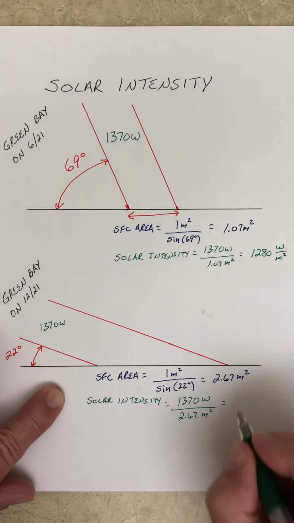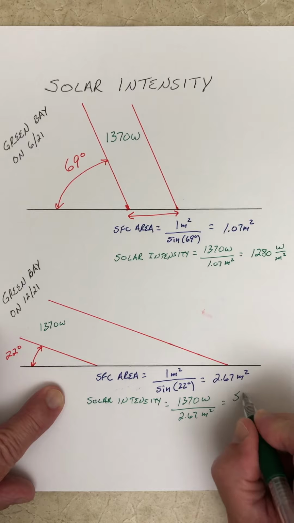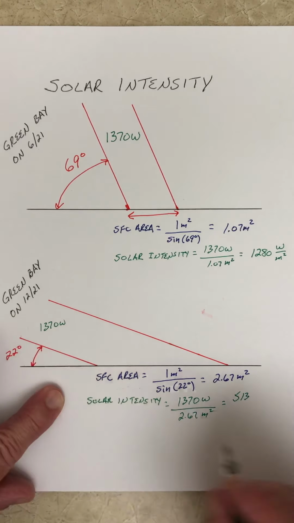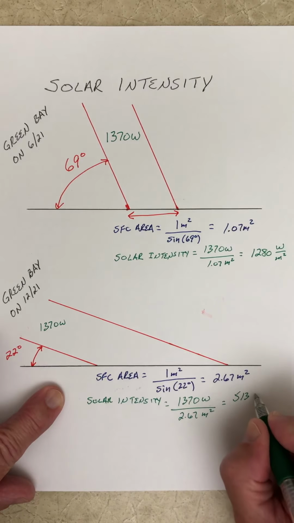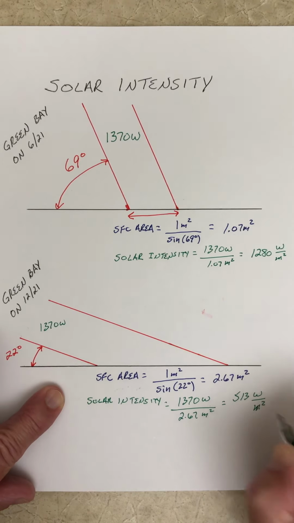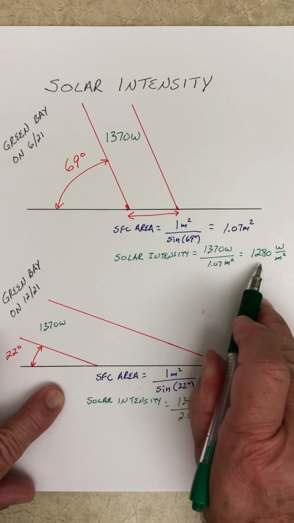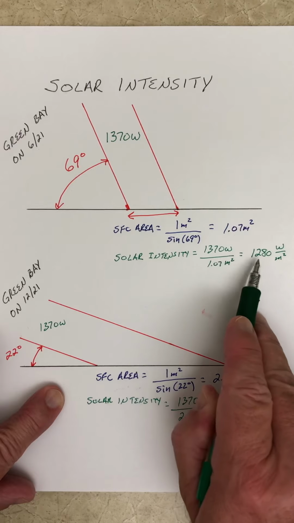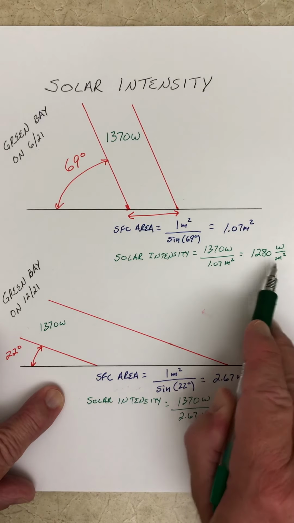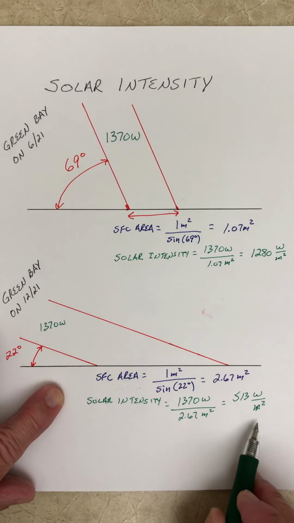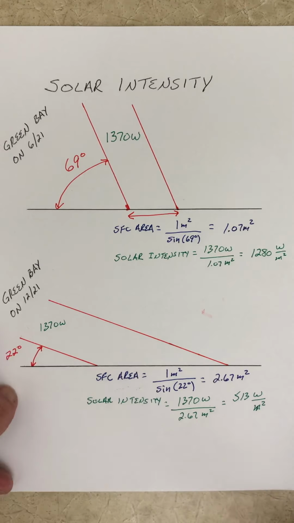And that means that the intensity of the solar beam on December 21st in Green Bay is going to be 513 watts per meter squared. Again, compare that to what the intensity was on June 21st: 1,280 watts per meter squared on June 21st, only 513 watts per meter squared on December 21st.